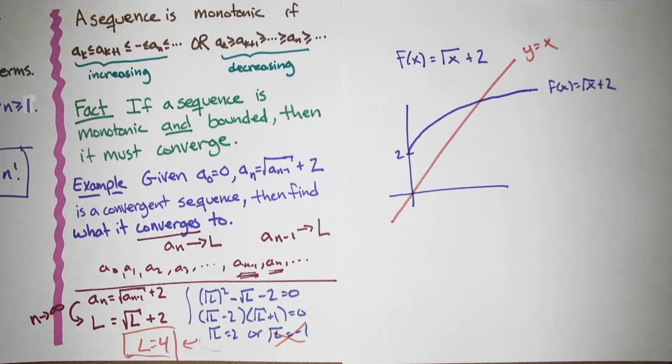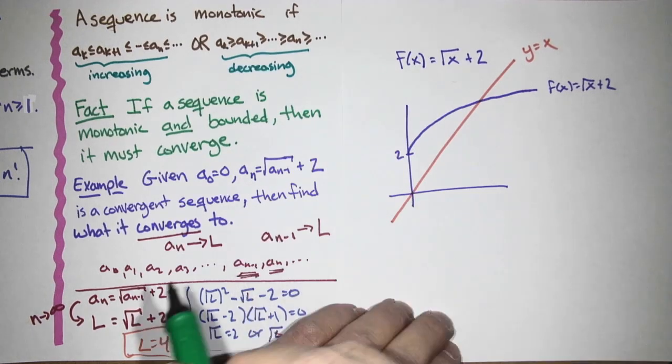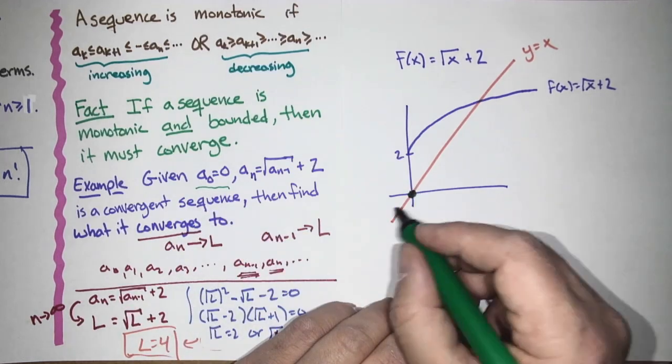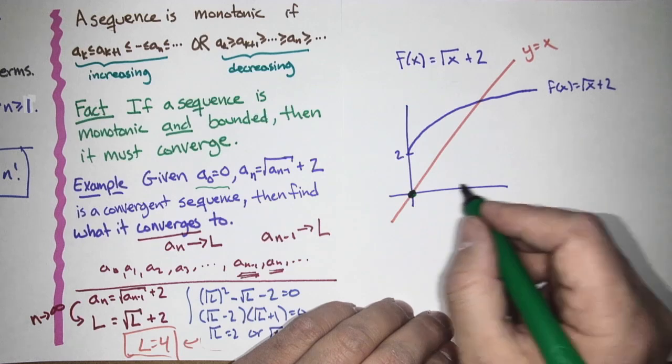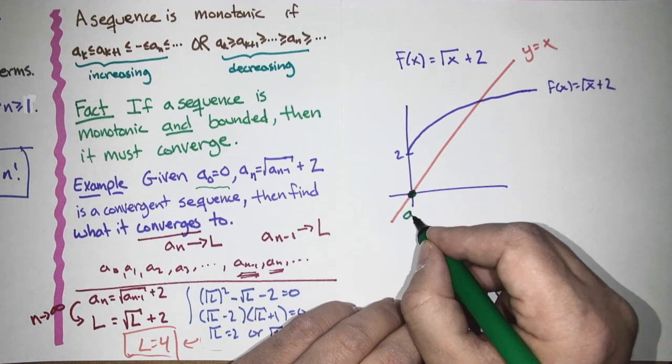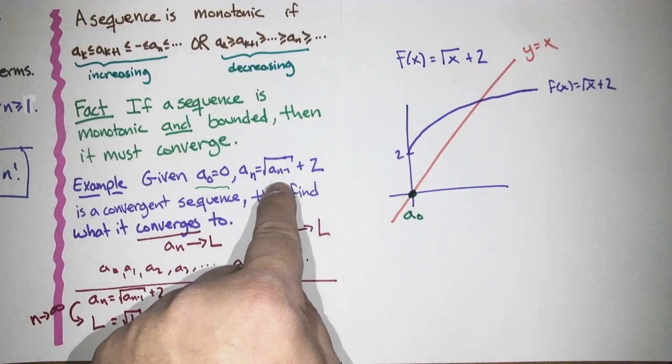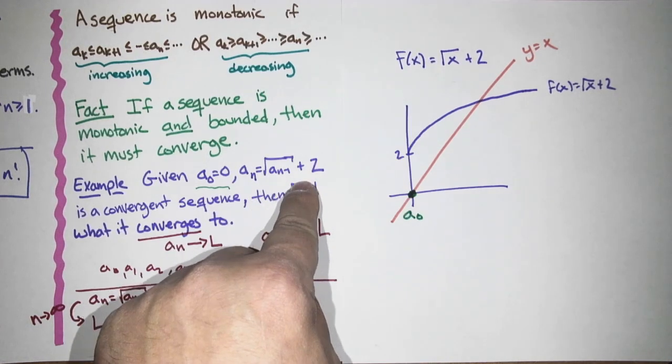So let's start with a0. What is a0? 0. So I'm going to mark where my a's are downstairs. So here is a0. Now, how do I find a1? Well, the rule is I take the square root of this value and I add 2.